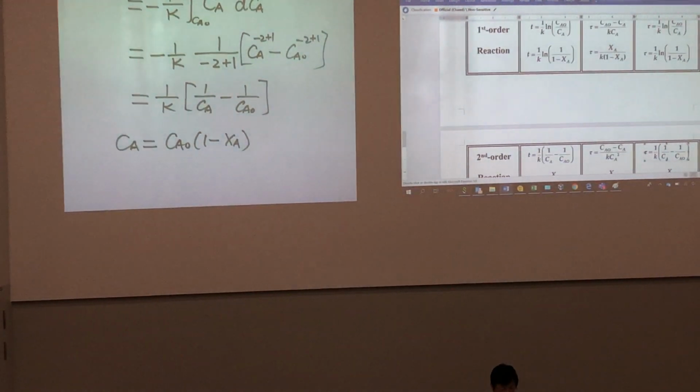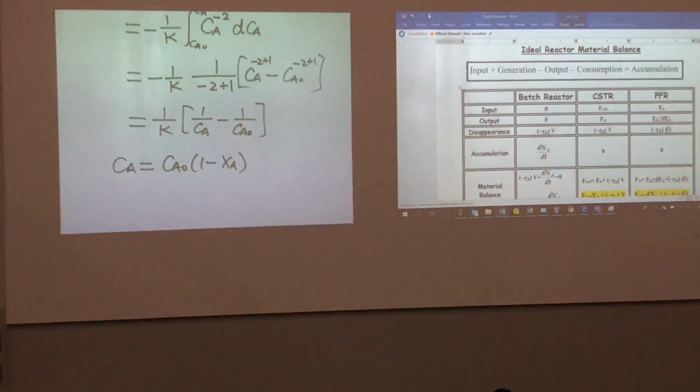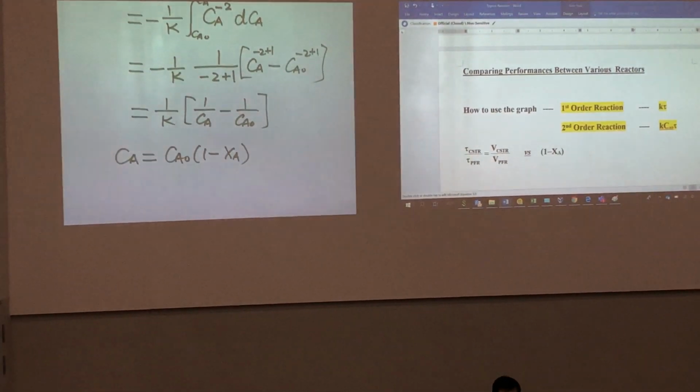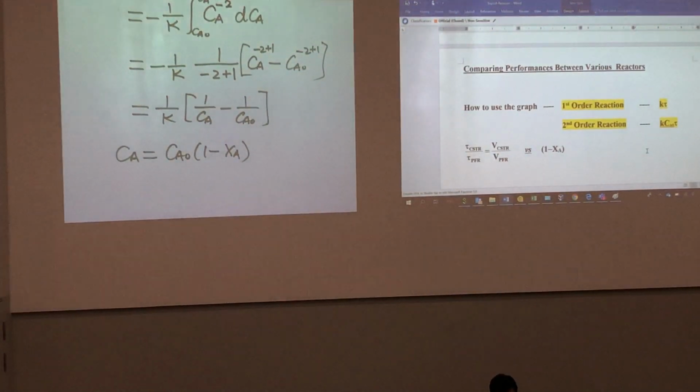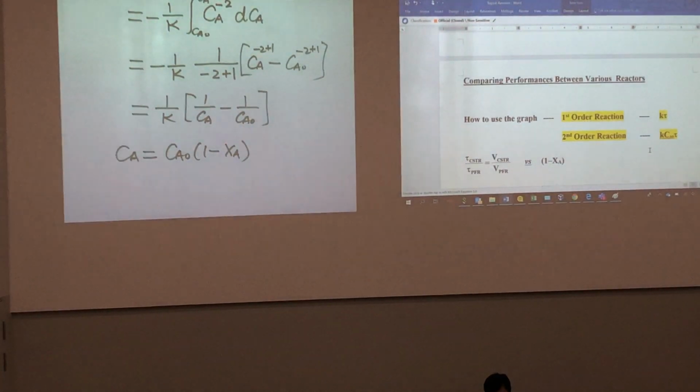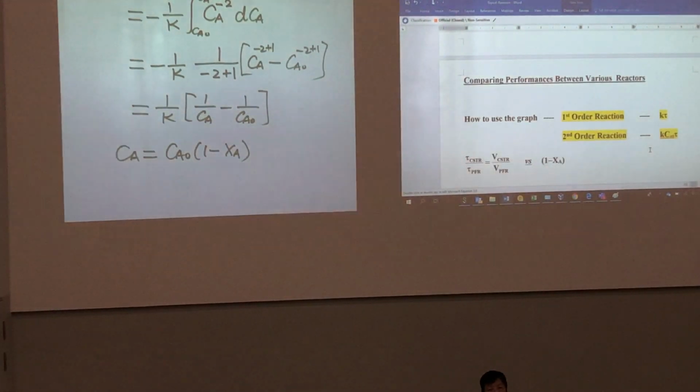Then the last part of topic 4 will be on how to use the graph. How to use the graph, please, both first order, second order are important. If the question needs you to use for second order, we will give you the second order graph. If need you to use the first order graph, we will give you the first order graph.